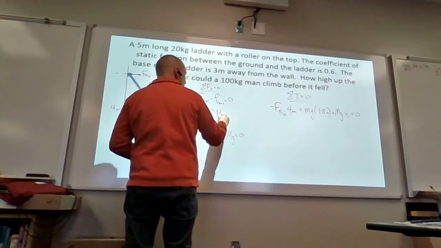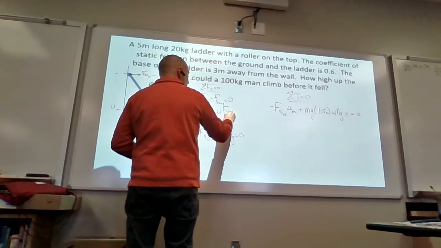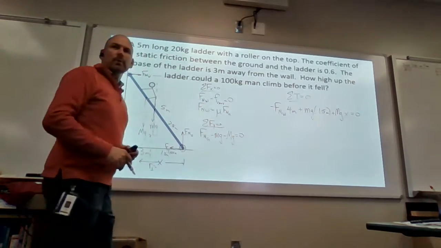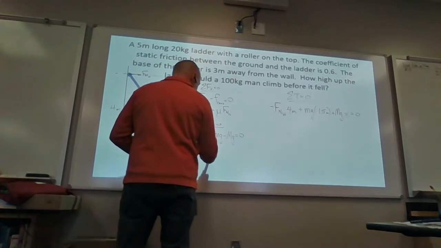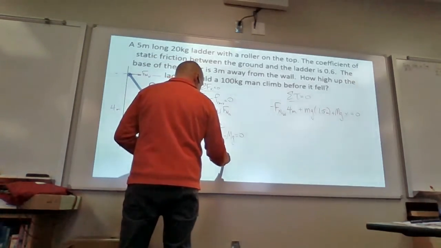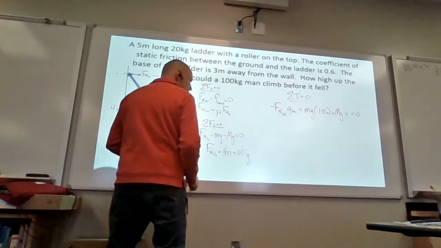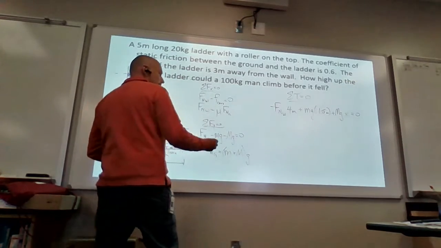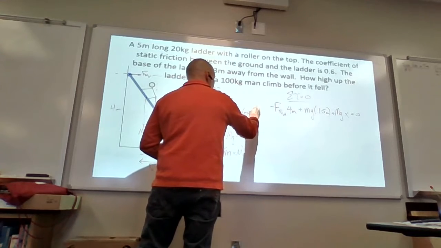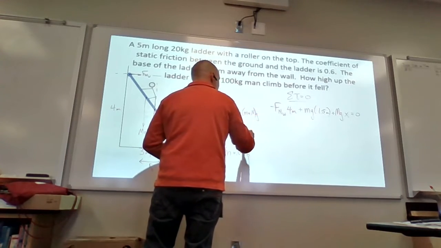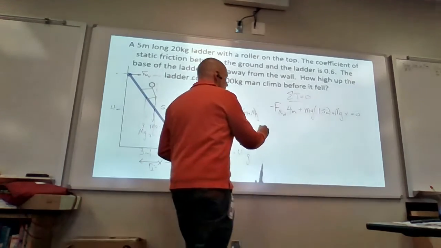So that's coefficient times the normal force from the ground, which I don't know, but I do know that the normal force from the ground is equal to the sum of the weight of the ladder and the guy, times the coefficient. Okay, so I can plug that in here.